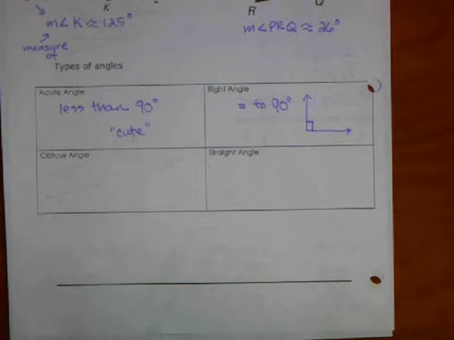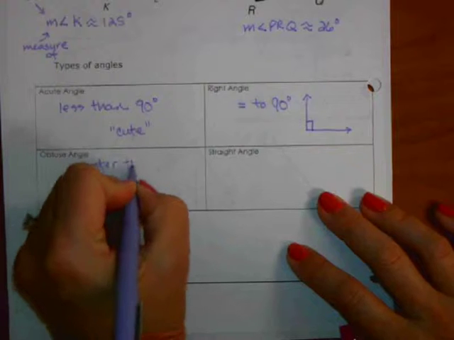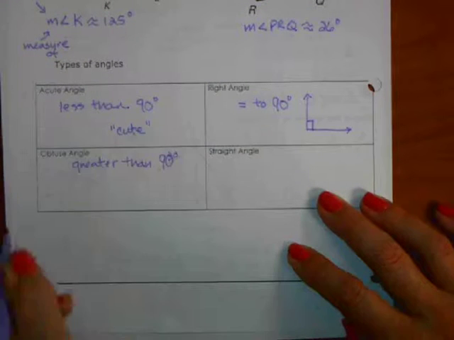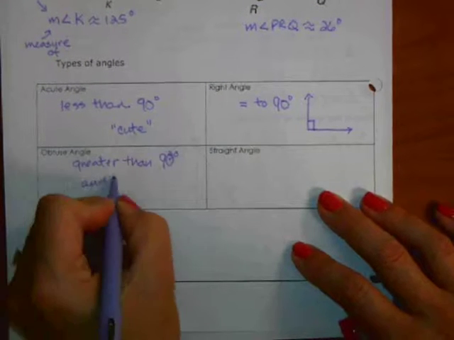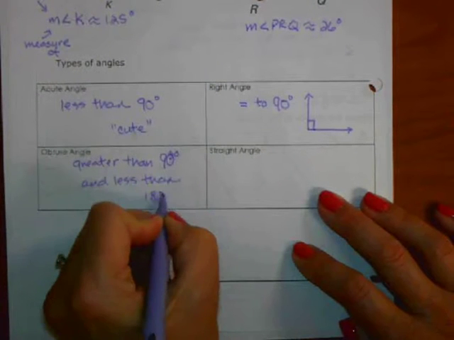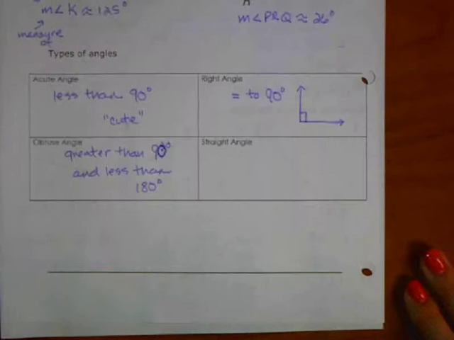Obtuse means what? More than 90. Greater than 90 and less than 180. Greater than 90 degrees and less than 180.